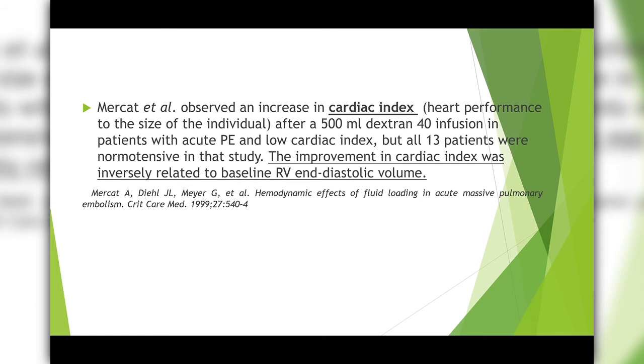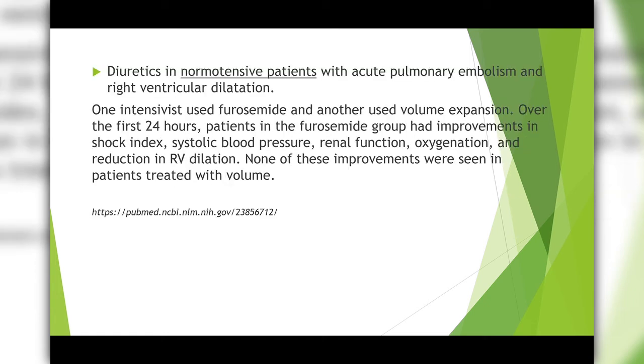That is, patients with RV strain did not improve their cardiac index as well as those without any RV strain. Here's another study showing the diuretics improved outcome compared to volume expansion.